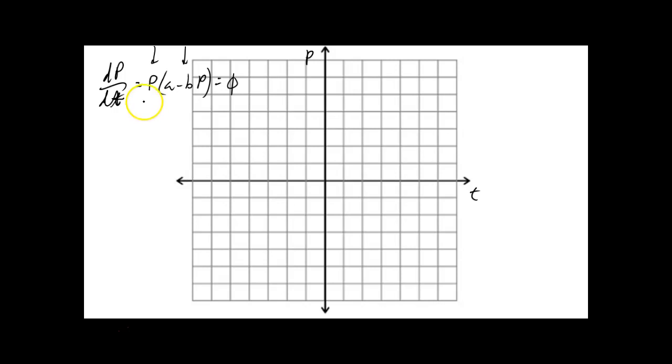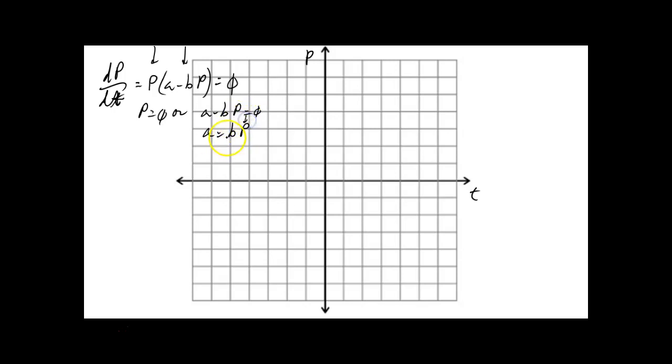So either P is equal to 0, or a minus bP is 0. And what would make that true? If a is equal to bP.